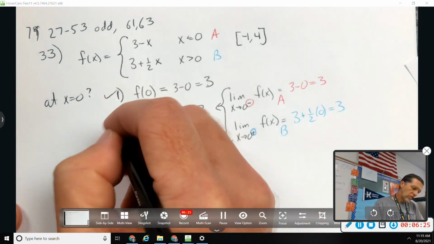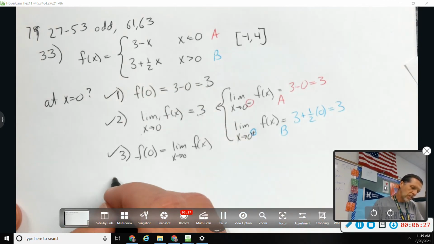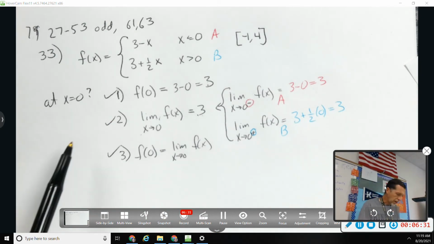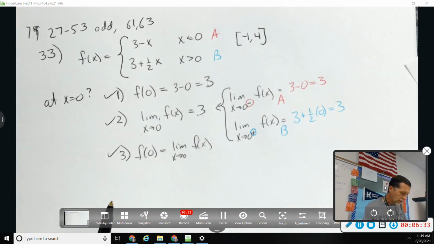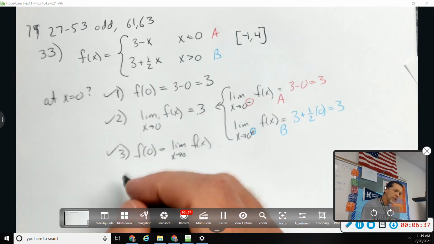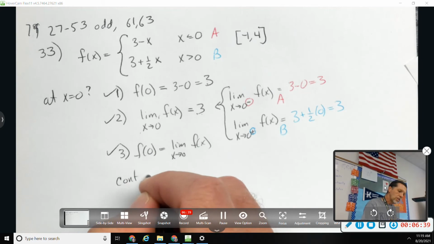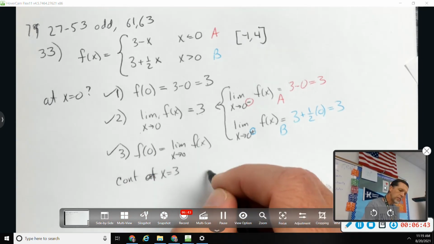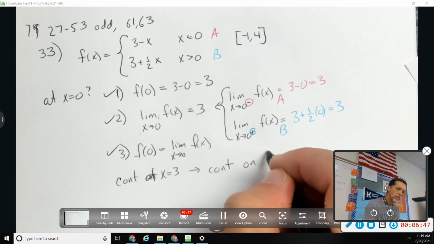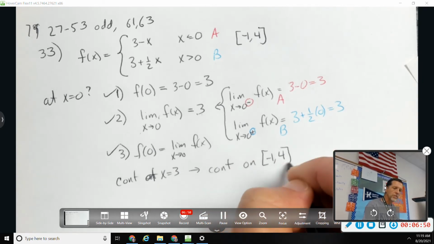So check, check, check. So this is continuous at 0. Although let's back up. It wanted me to discuss the continuity of the function on the closed interval. So 0 is my only concern. So it's continuous at x equals 0, which for this particular problem means it's continuous on that whole interval.